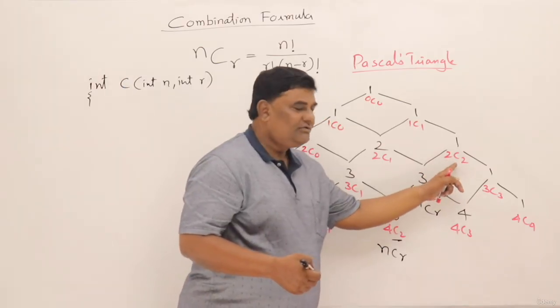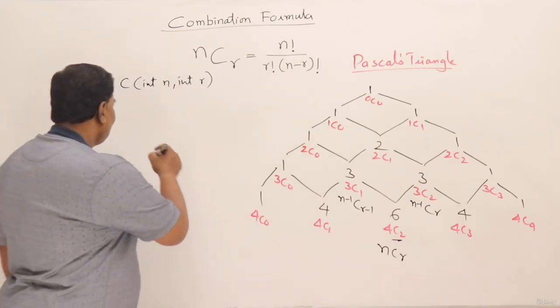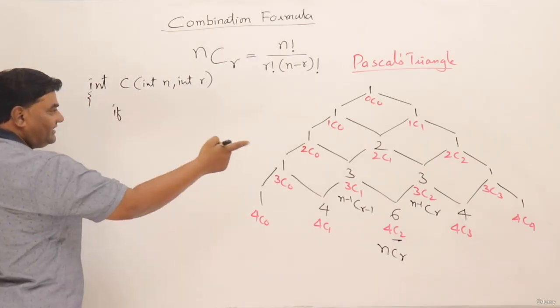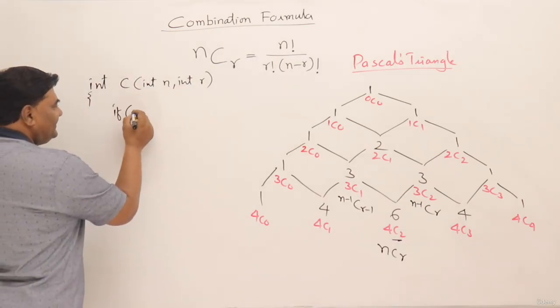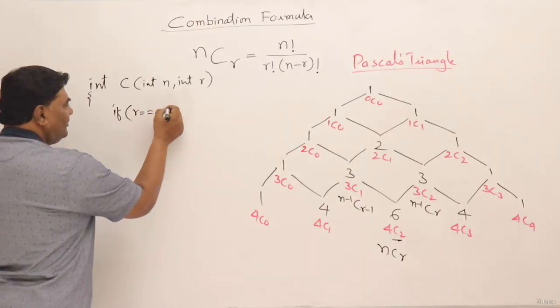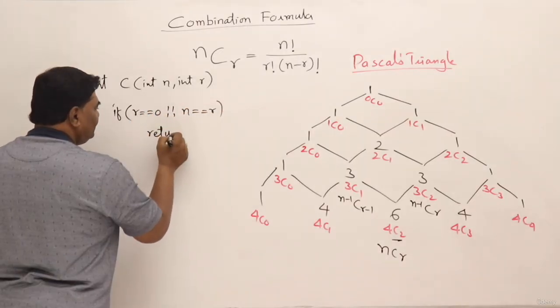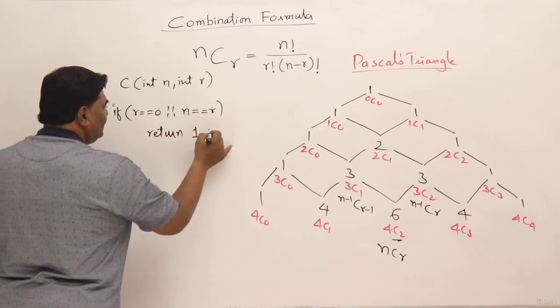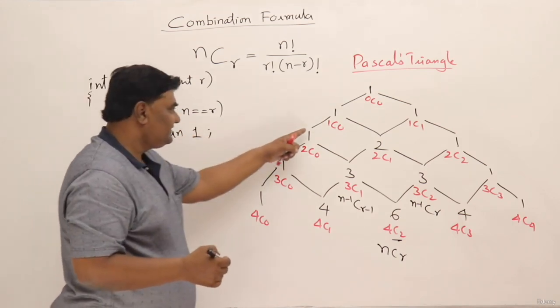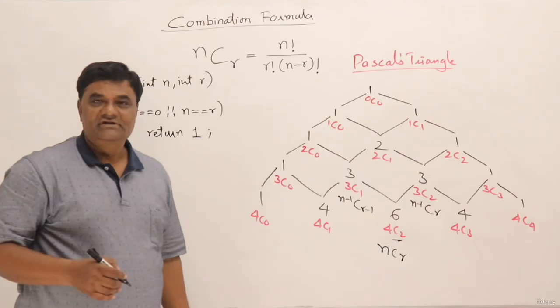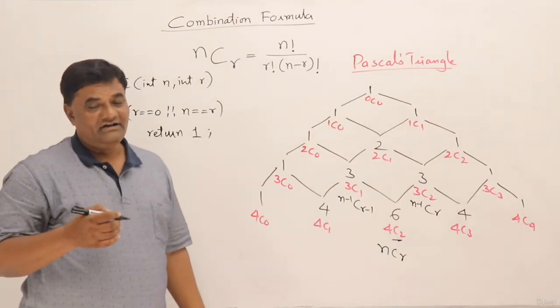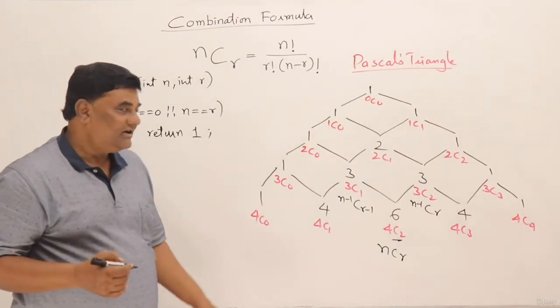When n is equal to r, return 1. So extreme points, those are 1 always. When r is equal to 0 or n is equal to r, return 1. These are the small values, 1 are the small values.